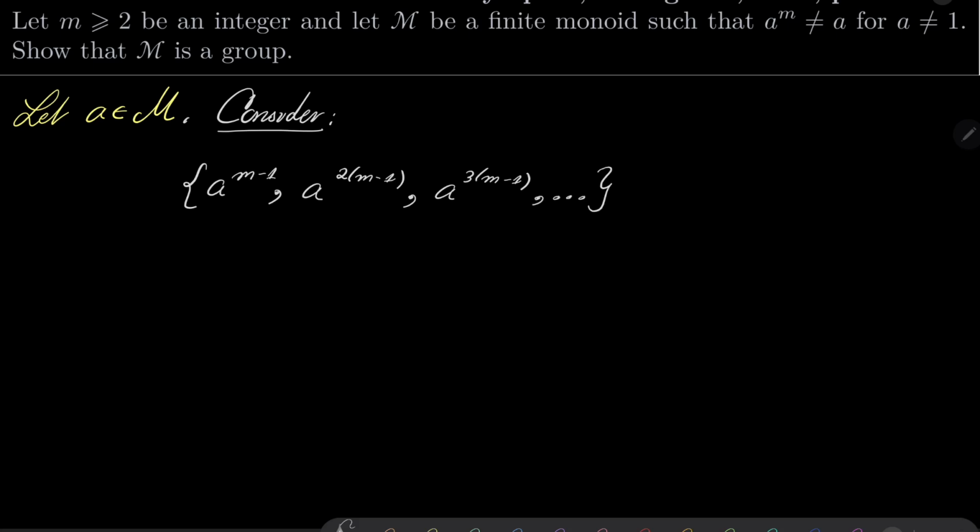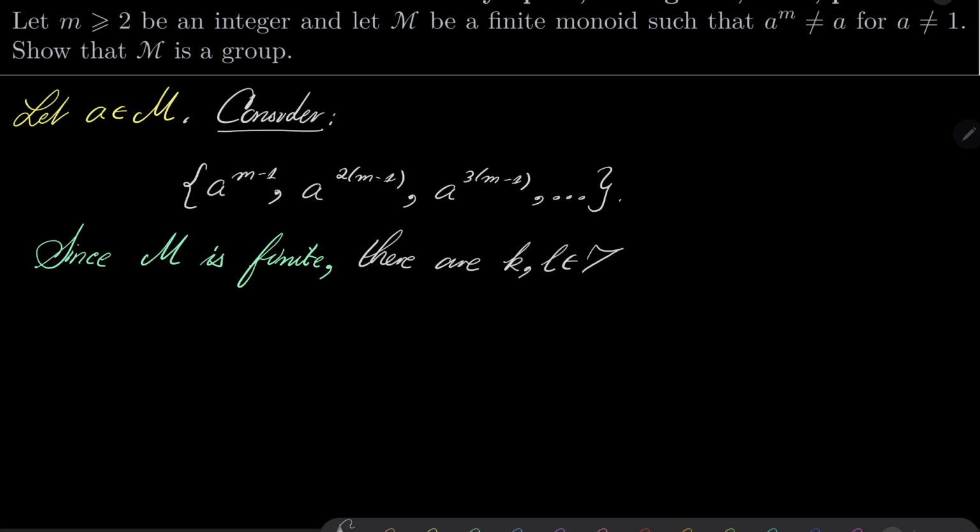Now, since M is finite, we can conclude the following, that there are positive integers k and l such that a to the power k m minus 1 equals a to the power k plus l m minus 1.